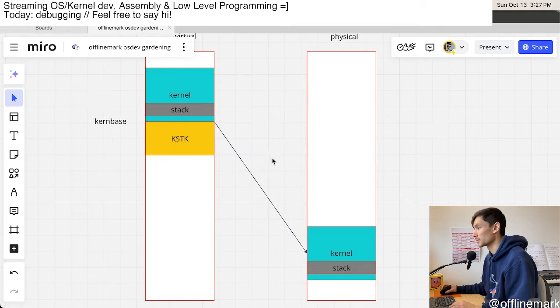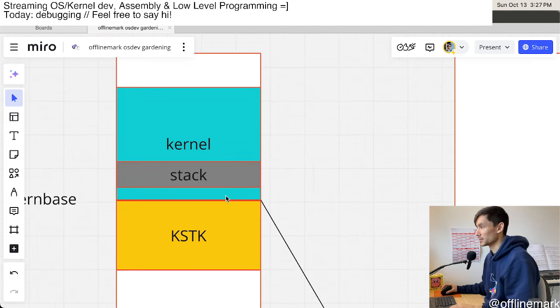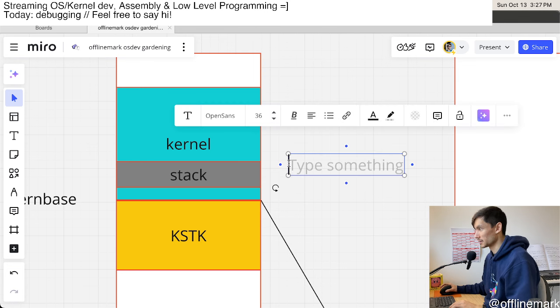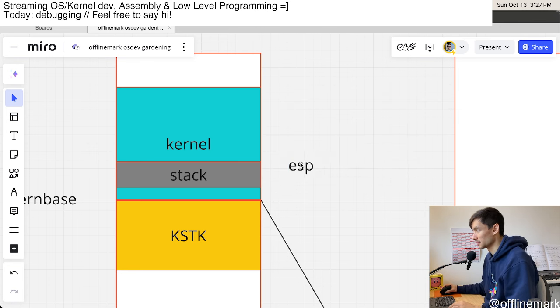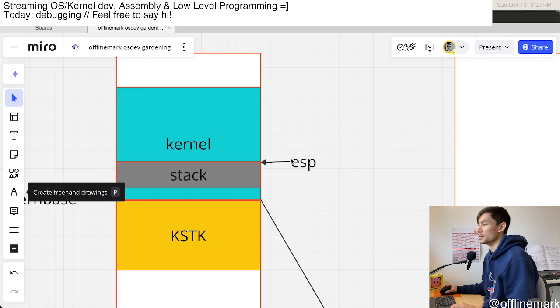So this whole thing maps here. And basically the stack pointer is just simply pointed here. And then the stack is used from there.